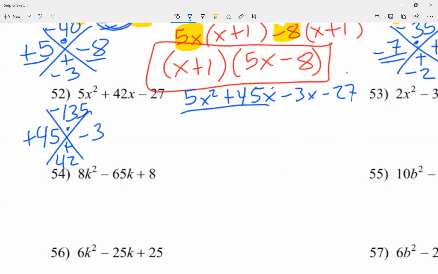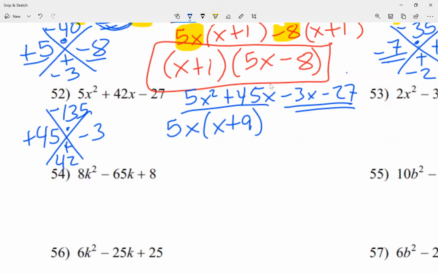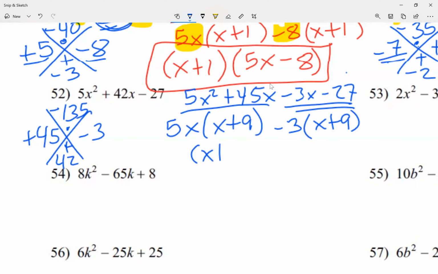All right, so now looking at my first 2 terms, I can divide each by 5, and I can remove an x from each. So that's going to give me x plus 9. Looking at the last 2 numbers, I can divide each by a negative 3, and that's going to give me x plus 9. So my factors are going to be x plus 9 and 5x minus 3.